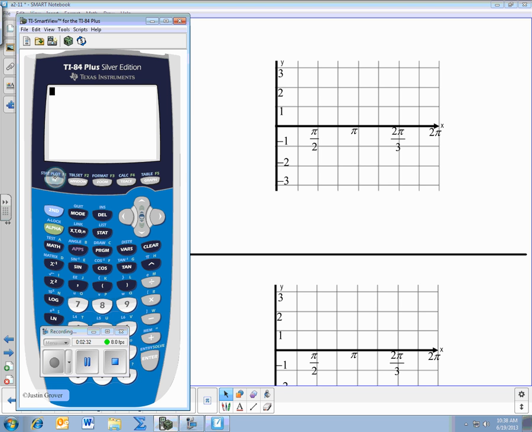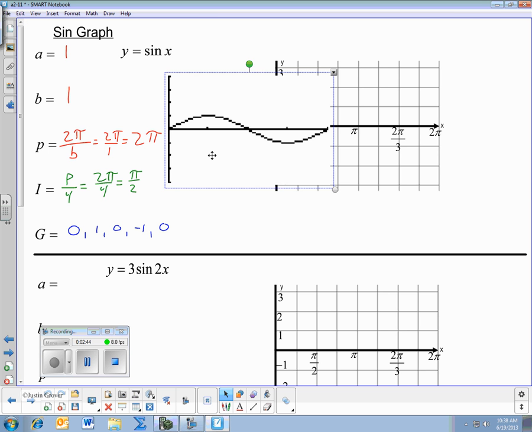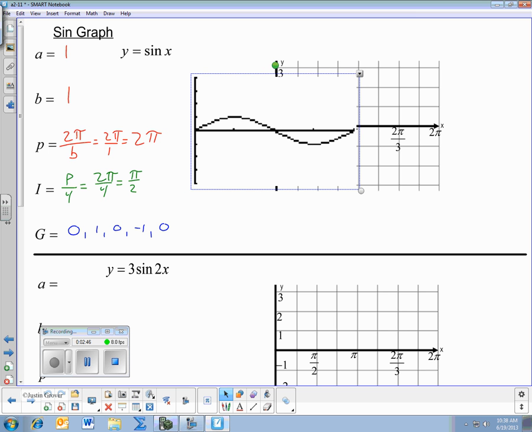If you look at your graph for sine x, where these numbers come from are the key numbers. We know sine 30 is 1/2, and sine 60 is root 3 over 2 and stuff like that. But the easy ones to remember are 0, 1, 0, -1, and 0.